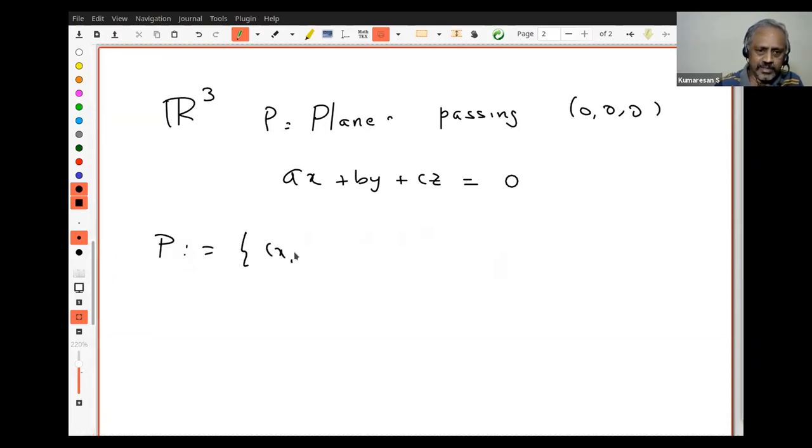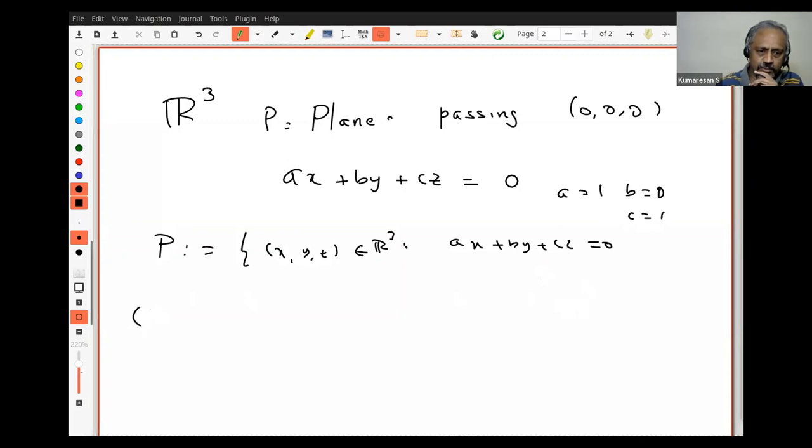That is, x, y, z in R3, so that ax plus by plus cz equal to 0. You understand? Suppose a equal to 1, b equal to 0, c equal to 1. What does that mean? So you ask me whether this point belongs to P. What do I have to check? a equal to 1, that is a times x will be 2, and b times this is 0, and c times this is 0.